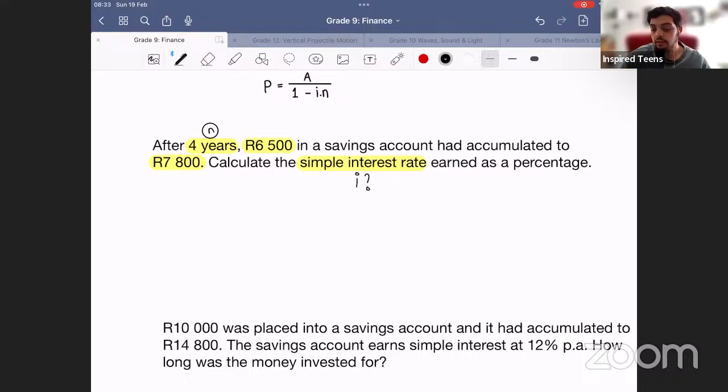We haven't done hire purchase loan. Have you not done it yet, or are you not going to do it at all? Are you guys still busy with finance in school, or are you done with finance in school? Okay, no problem. I won't do hire purchase.